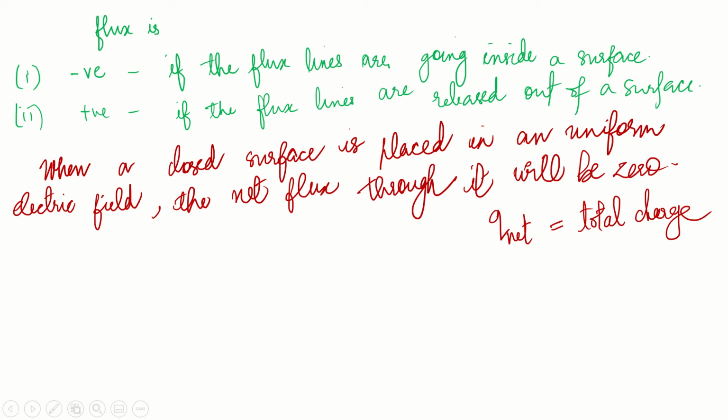If it is an open surface, and here the total charge Q is 0, then if the total charge is 0, the flux will also be 0. Q net equals total charge. Just remember this. This is the first point.